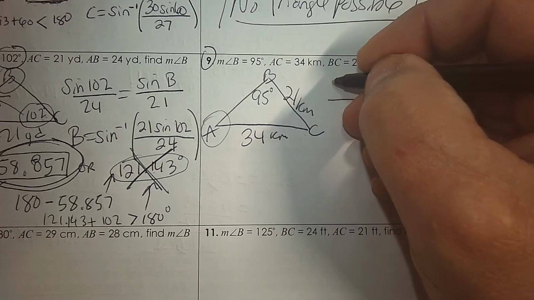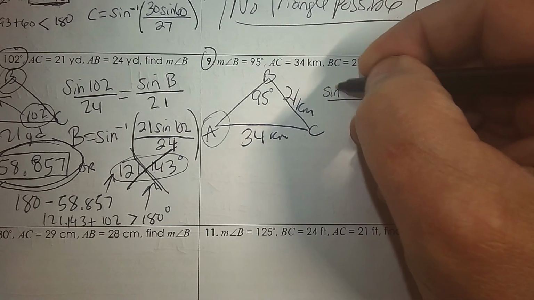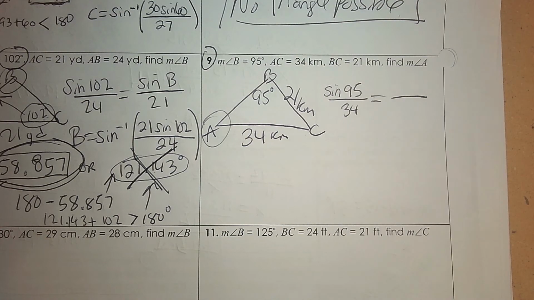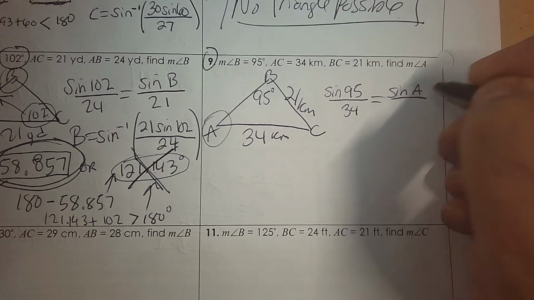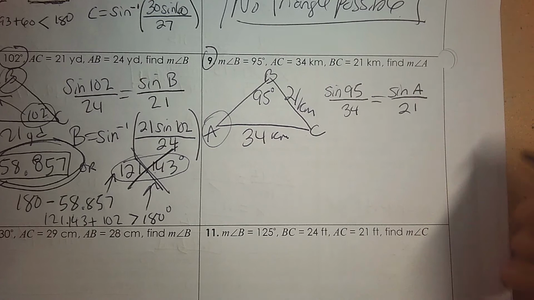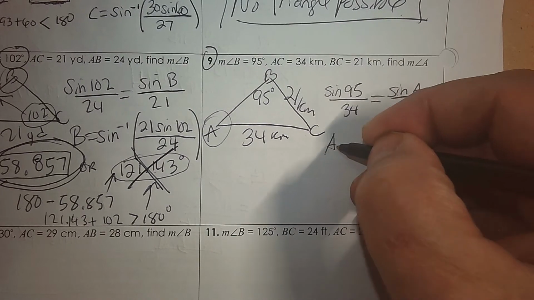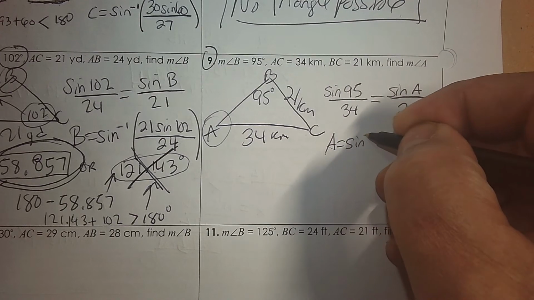So I'm going to start with sine 95 over 34. And I'm looking for A. So the side opposite of A is 21. To get A by itself, I know I need to do inverse sine.